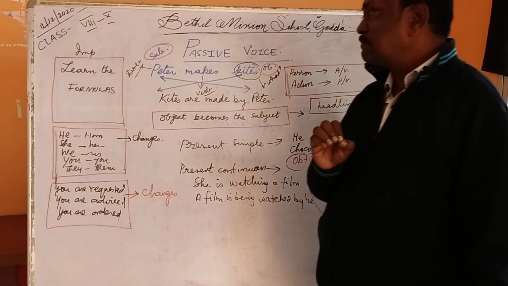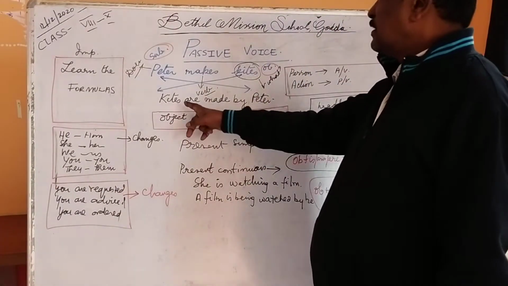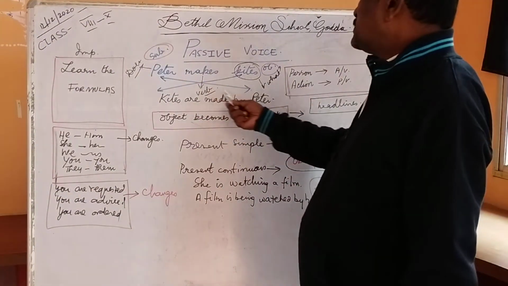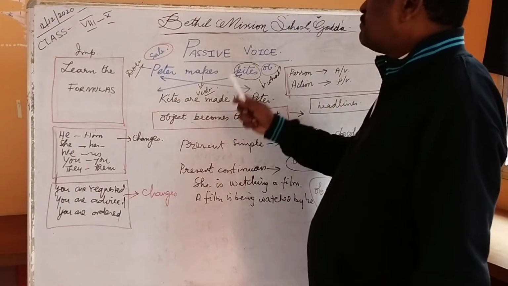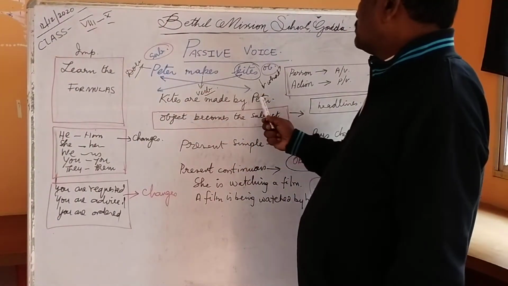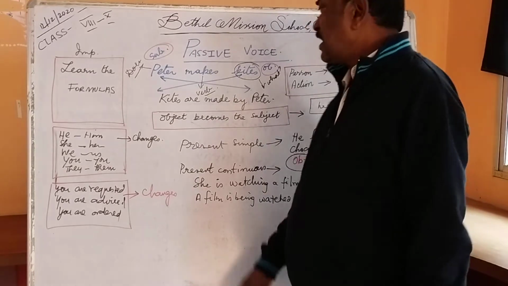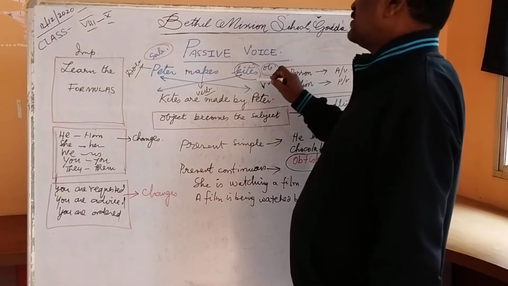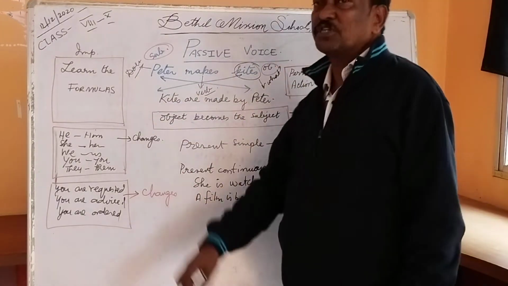So, Peter makes kites. One of the simplest sentences. Now, what I have done here is, I have taken this Peter to the end of the sentence in the passive. So, the subject, that is Peter, becomes the object. And the object in the active voice, that is the word kites, becomes the subject.